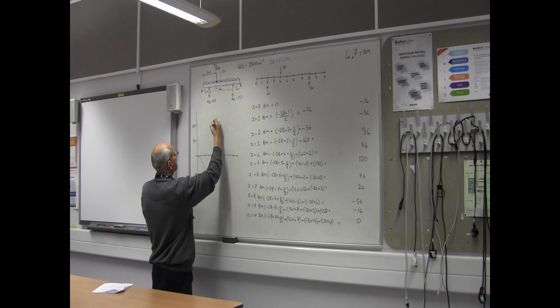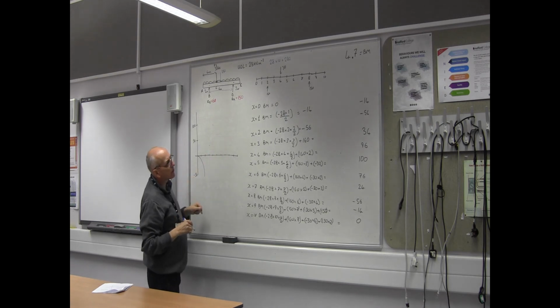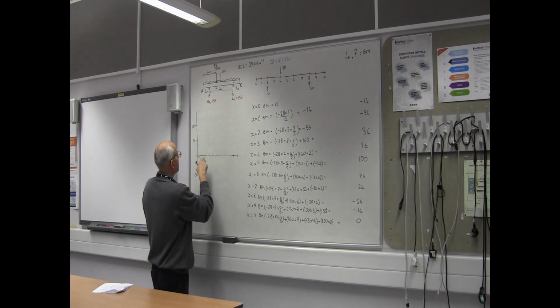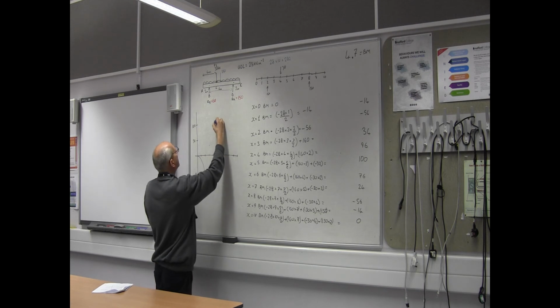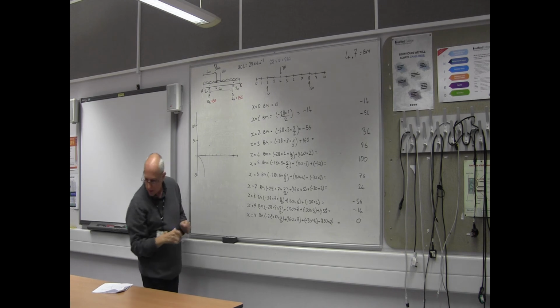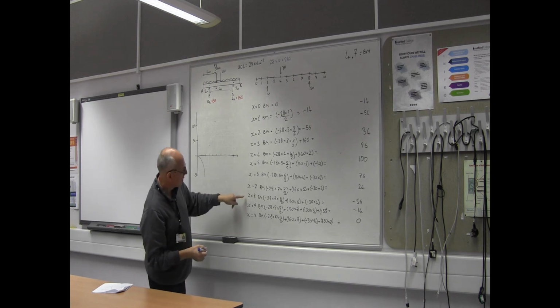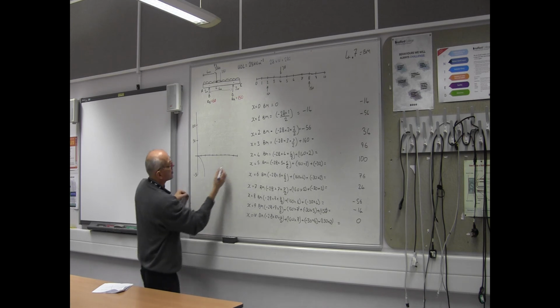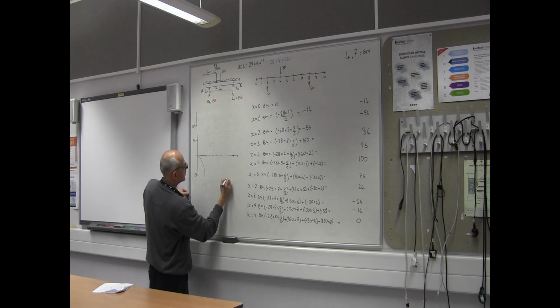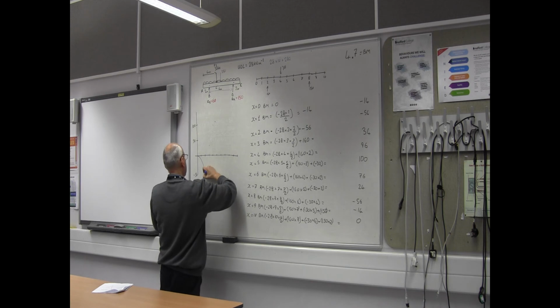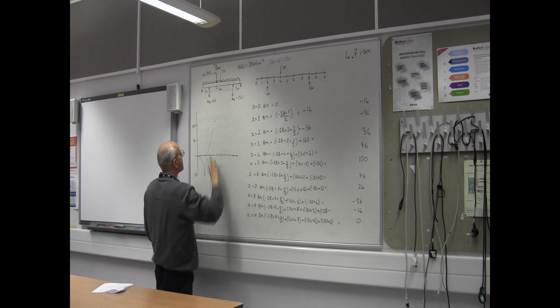Somewhere like that. And then at 5 I've got 100. 1, 2, 3, 4, 5. It's a little bit higher. And then we've got a minus 56 at 8, is it? Yeah, at 8. So basically, roughly sketched, it's not going like that.